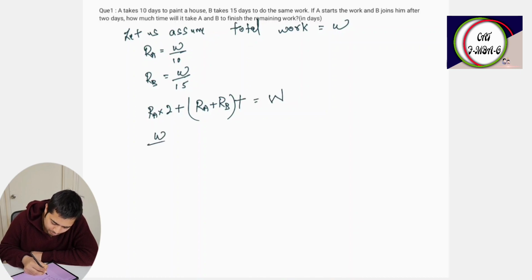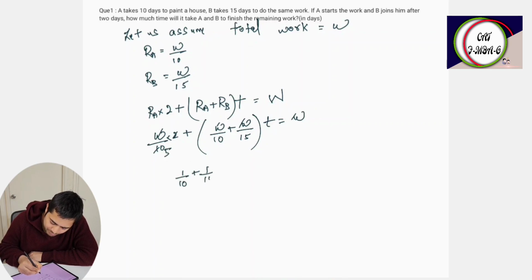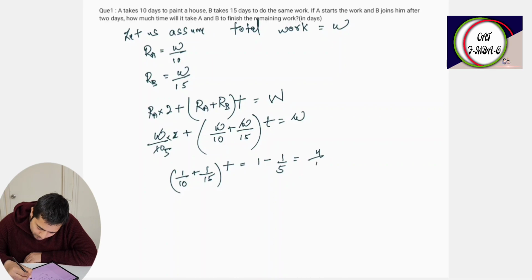Okay. So what is rate of A? W by 10 into 2 plus (W by 10 plus W by 15) into T is equal to W. W cancels everywhere, leaving 1 by 5. So (1 by 10 plus 1 by 15) into T is equal to 1 minus 1 by 5 is equal to 4 by 5.